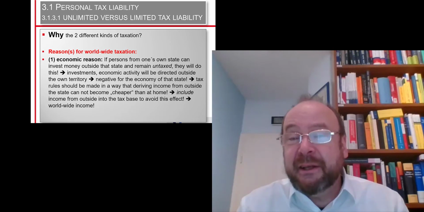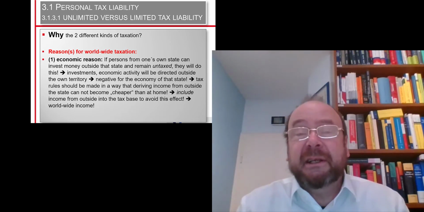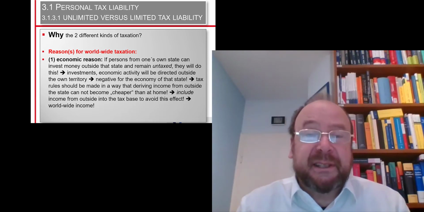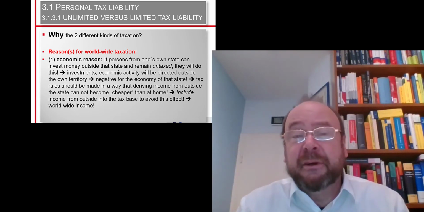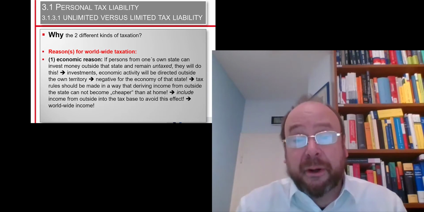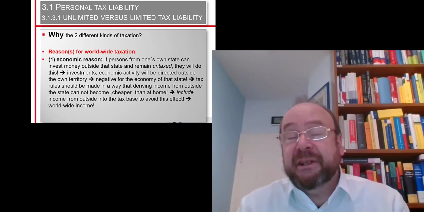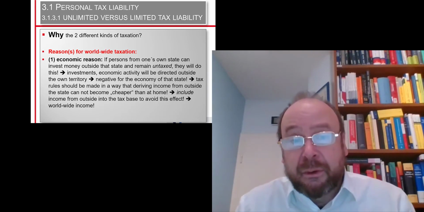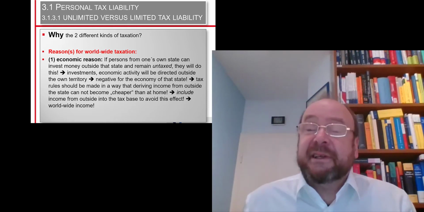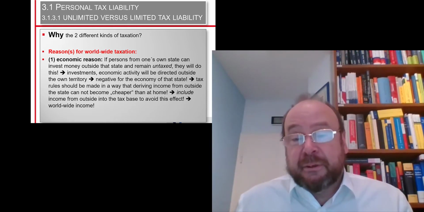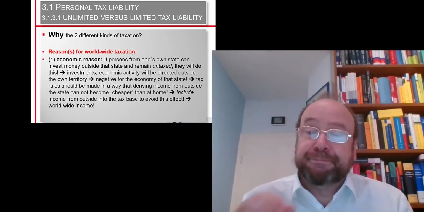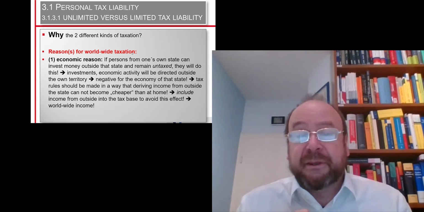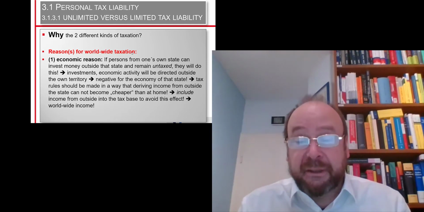You are nearly forced to have worldwide income taxation because immediately when something can be earned for a lower tax rate abroad, your people will feel the motivation to shift their activities abroad. So economic reason number one is renouncing on unlimited taxation for your people in your country ruins your own economy.